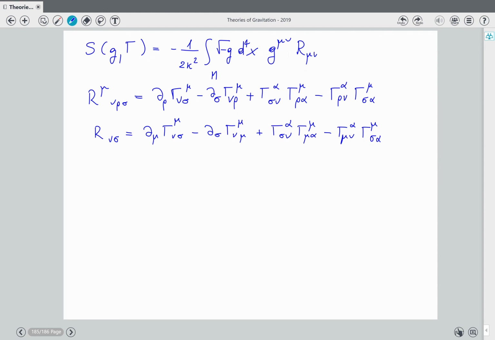So it's convenient to study the variation of the action with respect to g mu nu with upper indices, because here we have g mu nu with upper indices, so that will make it very easy.